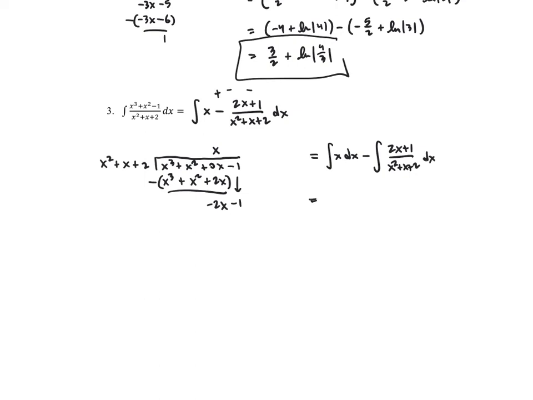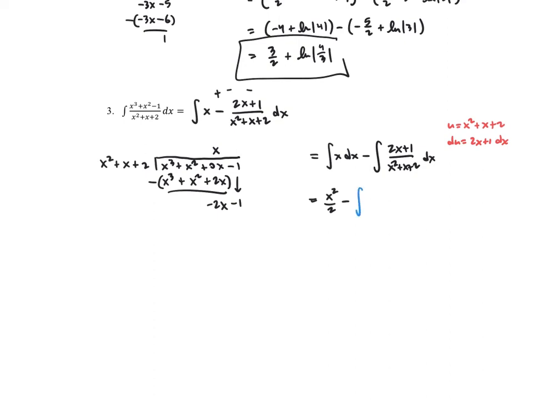Okay, so the first integral will be x squared over 2 minus, now I'm going to do some side u-sub work here. I'm going to write u equals x squared plus x plus 2. So that means du is going to equal (2x plus 1) dx. It's going to be a nice, perfect substitution.